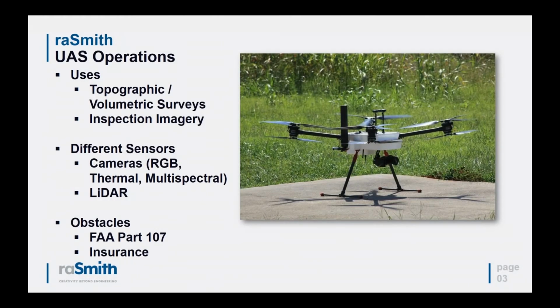So in terms of how raSmith is using aircraft, and maybe some other ideas here too, we primarily work our aircraft into probably two or three major categories. Operating out of our survey group, we do a lot of topographic and volumetric type survey work with our drones, and we have various different ones. The one you see pictured here is one of our units.